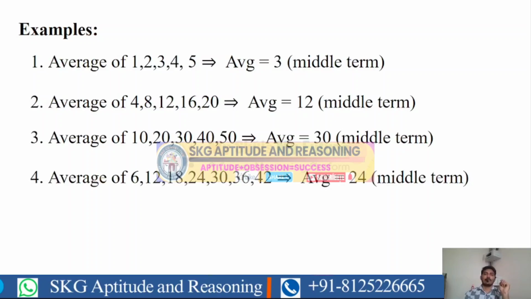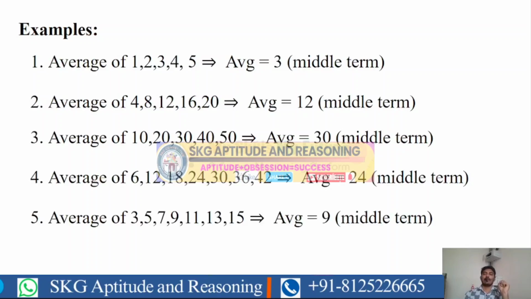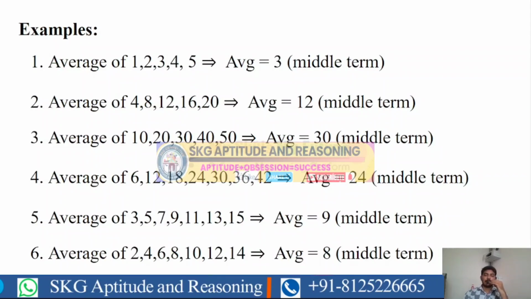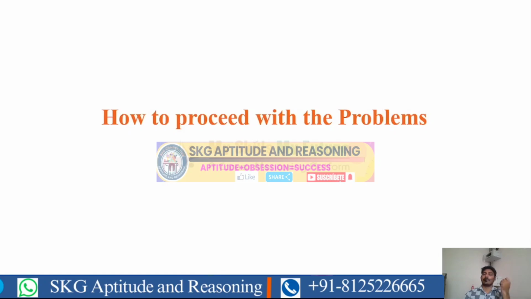We also covered some basic examples based on the arithmetic progression concept, how to identify the arithmetic average or mean of the given values, and how to proceed with the problems.